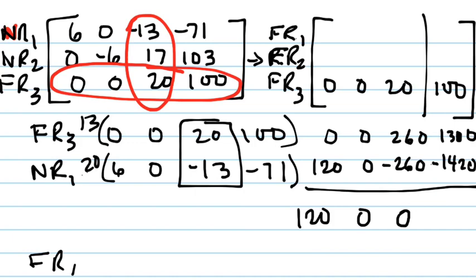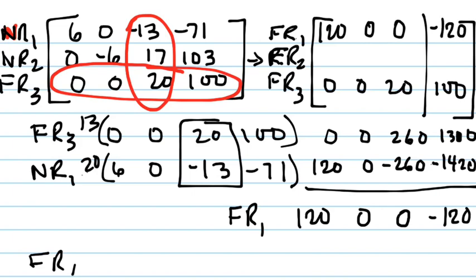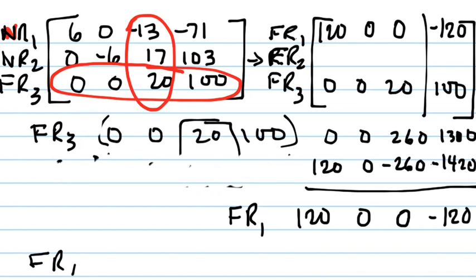And -1420 plus 1300 makes -120. And this thing is our final row 1. So 120, 0, 0, -120. Okay? Now we'll do the same thing but we're trying to get final row 2. We're still going to go back to our original final row 3 to get it.